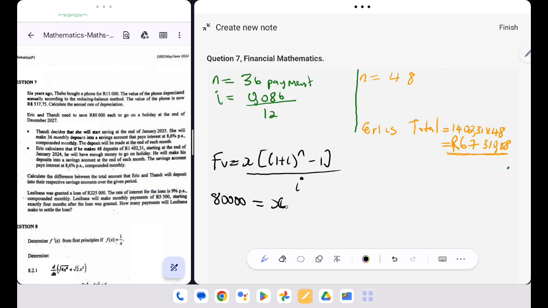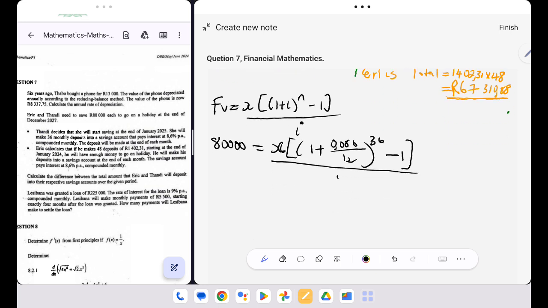So it will be 80,000. I don't know X, but I know that here I have 0.086 over 12. Here I have 36 payments, and then I have 0.086 over 12.